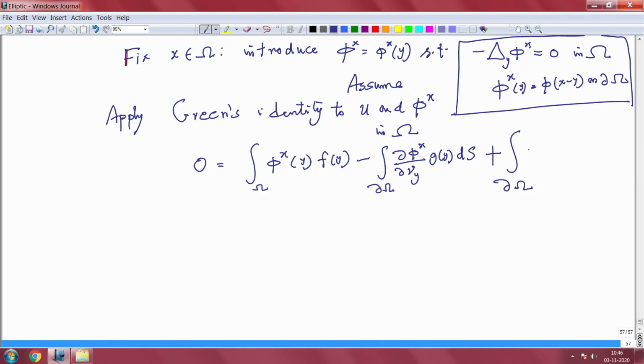Instead of phi of x minus y, you will have phi x of y, but phi x of y is the same as phi of x minus y on the boundary, that is what we have used. And the last term is the same as earlier.